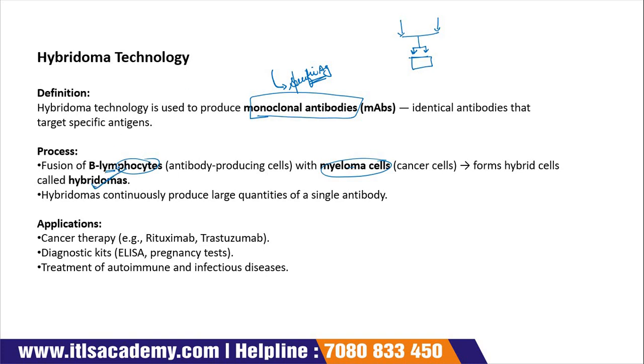Okay. And hybridomas continuously produce a large quantity of a single antibody. Okay. And the application is for cancer therapy, for diagnostics, and to treat autoimmune diseases. Okay. This is hybridoma technology.